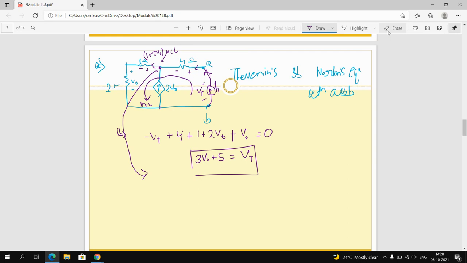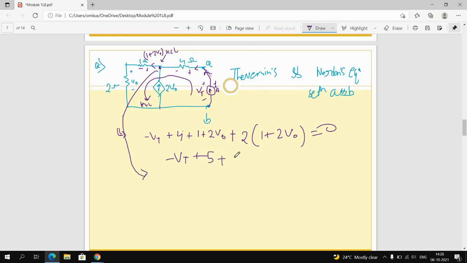Yes, sorry, the equation goes wrong. Yes, this 2 is multiplied by 1 plus 2 v naught, right? Equal to 0. Now solve that. VT plus 5 plus 2 v naught plus 2 plus 4 v naught equals 0. 2 plus 4 is 6 v naught, and 5 plus 2 is 7.